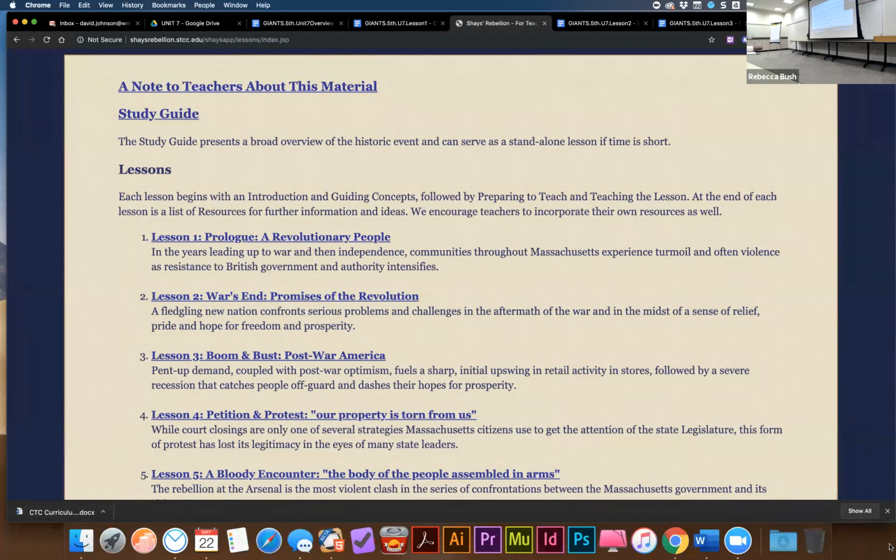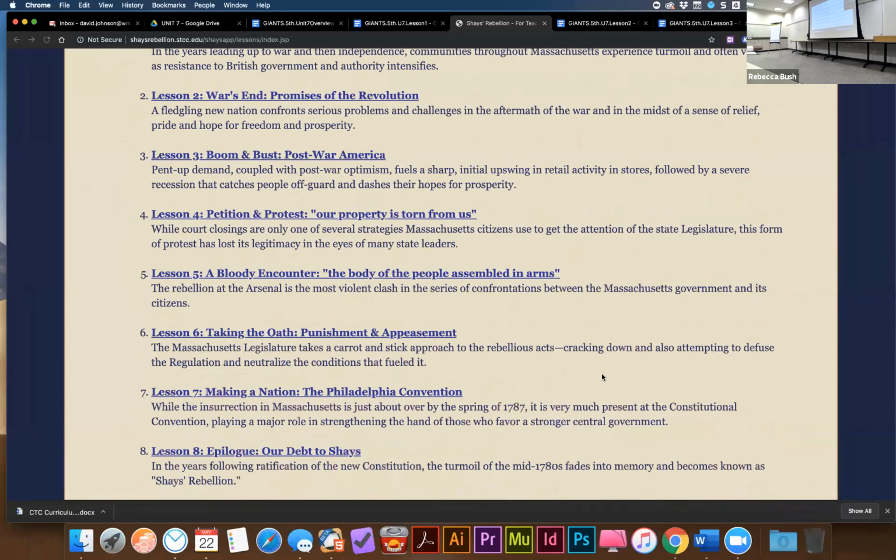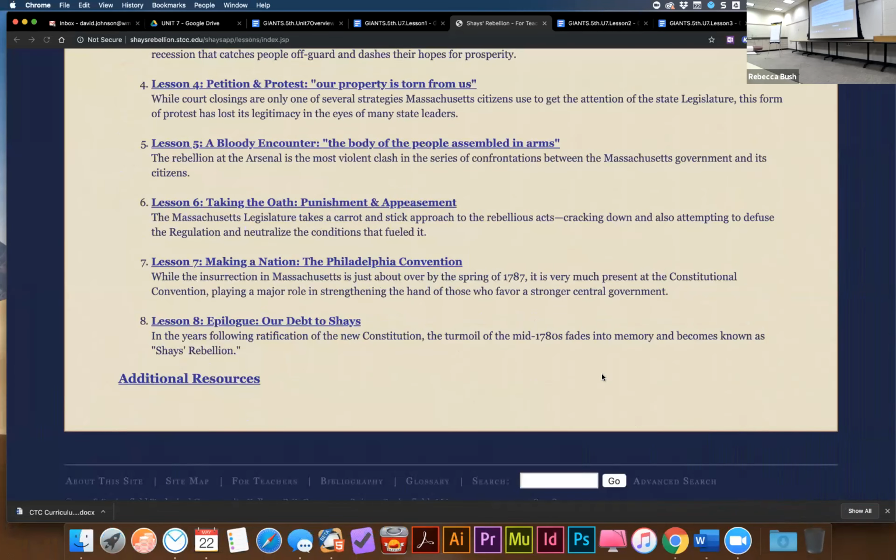It's very thorough. But it's probably going to take some time, because as I looked through each of those lessons, I couldn't see one lesson taking less than a class period. So right off the bat, you're talking about 8 class periods if you were to use each of those lessons. You would probably have to do some picking and choosing. Again, not saying not to, because they're well done. You've just got to gauge your time, this year in particular.